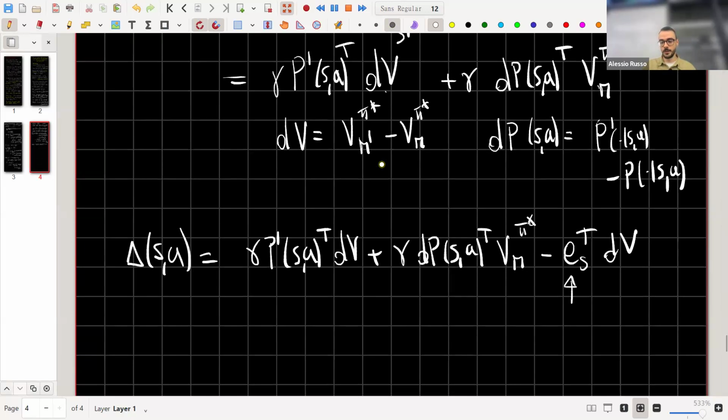So this is a vector of the canonical basis, the one-hot encoding of state S. In mathematical terms, it's a vector of the canonical basis that is equal to 1 for the dimension associated to state S. So when we take the inner product between e_S and dV, this quantity will be equal to the difference in value in state S.